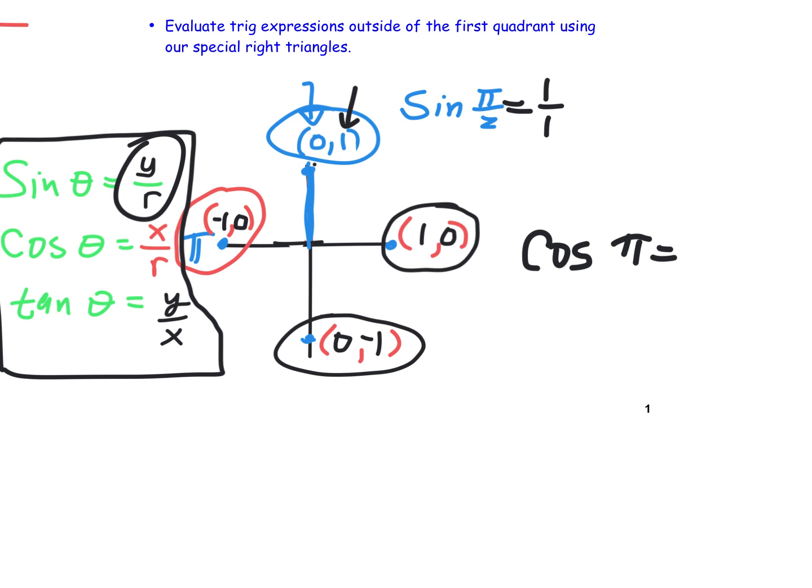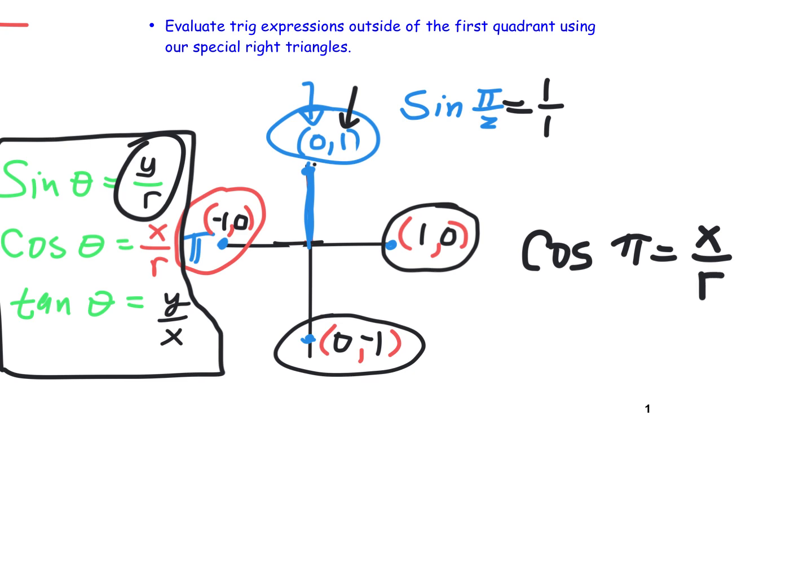All right. Turn and talk to the kid next to you and see if you got the same answer for this one. All right, so cosine, would you guys agree it's x over r?